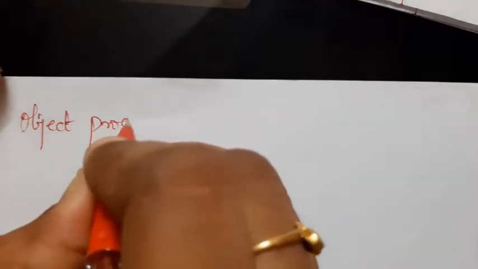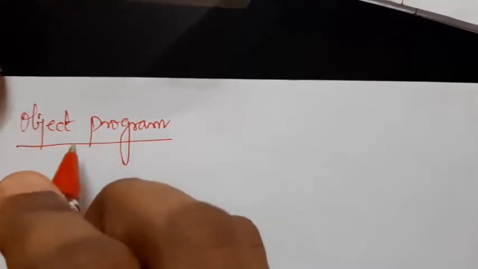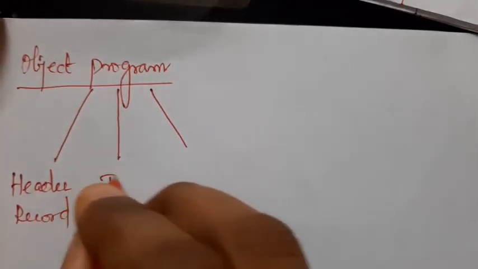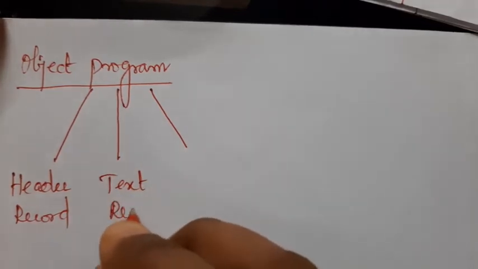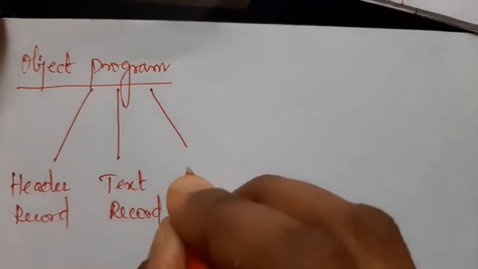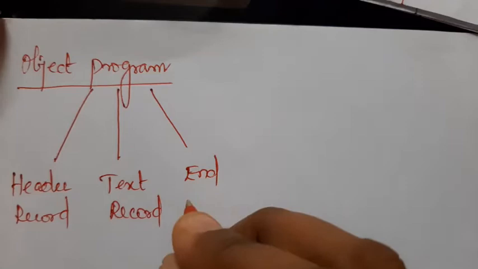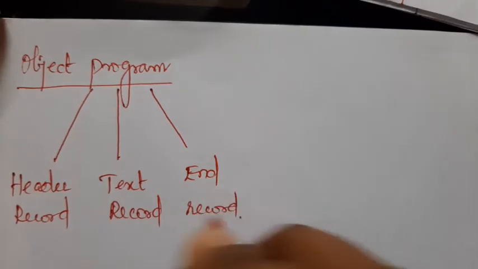So we'll have a heading here, object program. To generate or write an object program, we need 3 things. Number 1, header record. Number 2, text record. Number 3, end record.